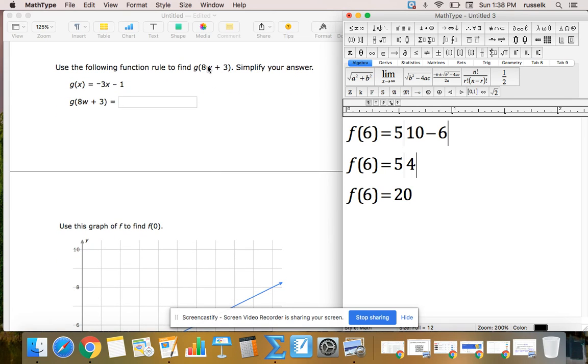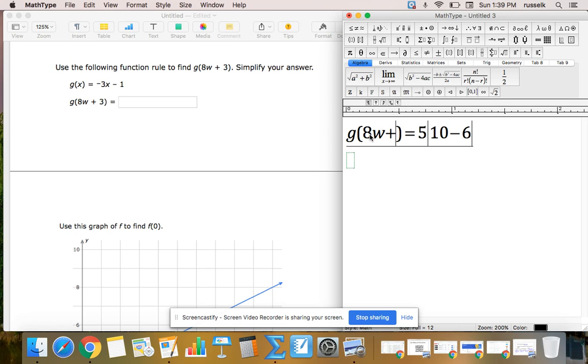Once again, if they put a variable inside, like this next example as 8w plus 3, we still take x out, and we put everything in that parenthesis in its spot. In this equation, we have -3 times what we're putting in for x, which is 8w plus 3, and then we still have that -1 at the end.